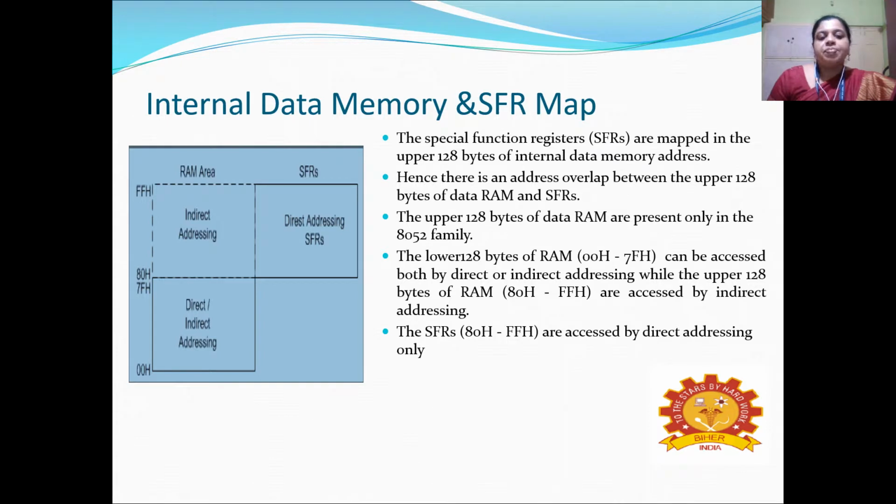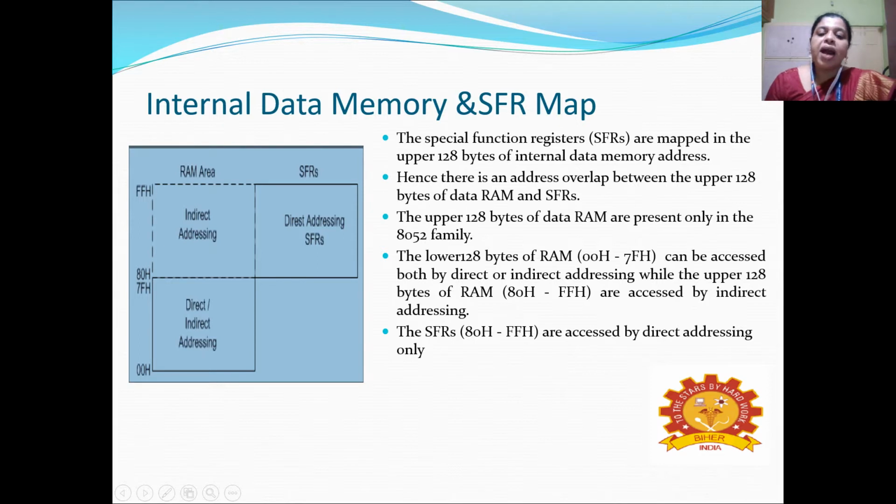Next is the internal data memory and the SFR, that is the special function register map. These special function registers are mapped in the upper 128 bytes of internal data memory address. We can see here, 00 to 7F is the lower 128 bytes, and 80 to FF is the upper 128 bytes. So these SFRs will be mapped in the upper 128 bytes.